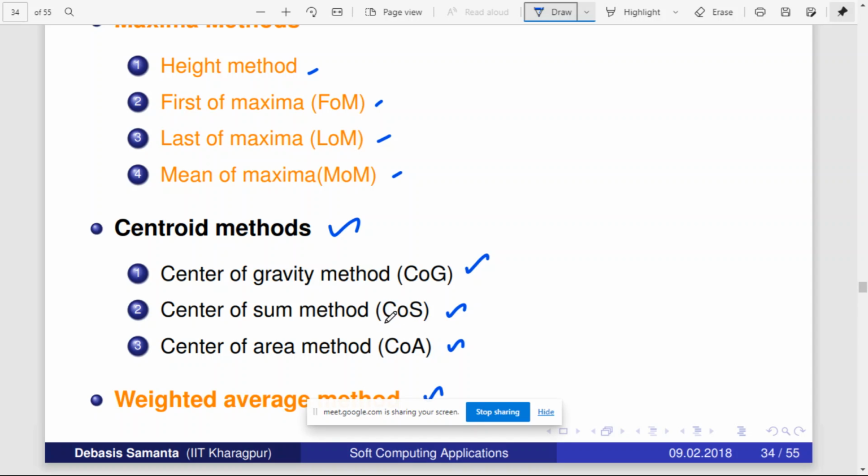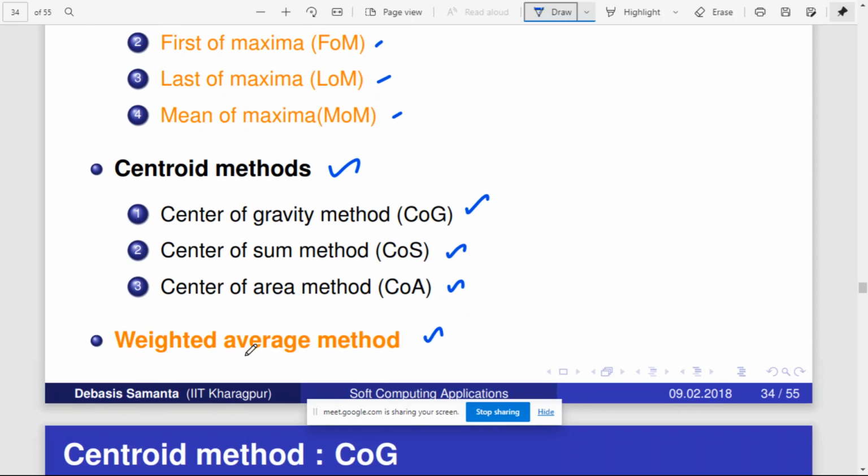For the weighted average method we don't have any subtypes, it is just the weighted average method. These are the things we are going to discuss in this lecture.